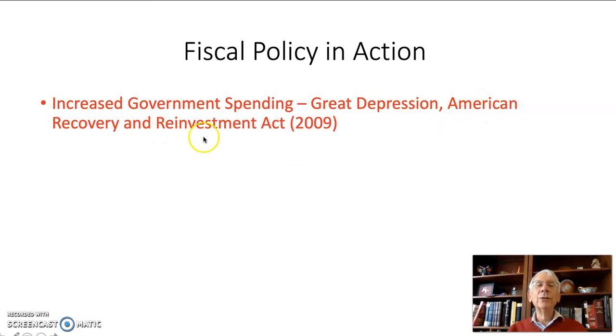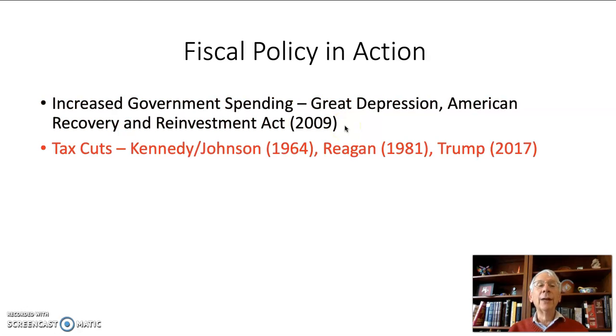During the Great Recession, the government spent several hundred billion dollars on roads and buildings and improving infrastructure. That was called the American Recovery and Reinvestment Act. So government spending has been used to help get us out of various recessions. It increases aggregate demand. The government has also cut taxes sometimes to try and increase aggregate demand.